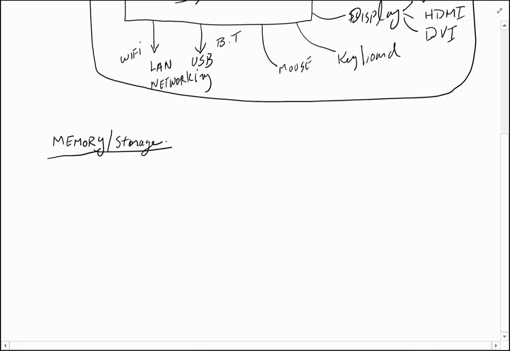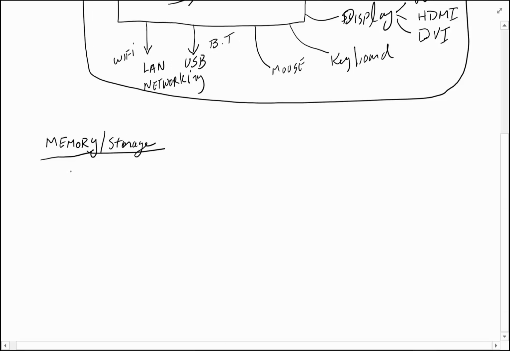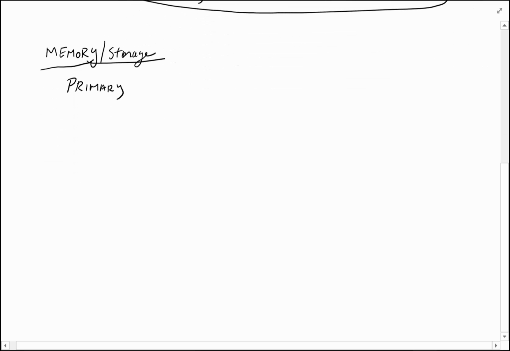Each one of these we can break up in many different ways. But I think for memory and storage, the simplest way to think about it is a primary versus another type we'll call secondary. And the way computers work, although that is changing very rapidly also, is they have two types of memory, primary and secondary.